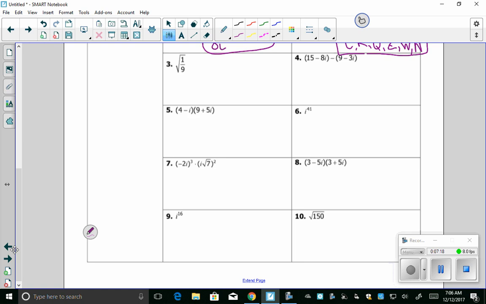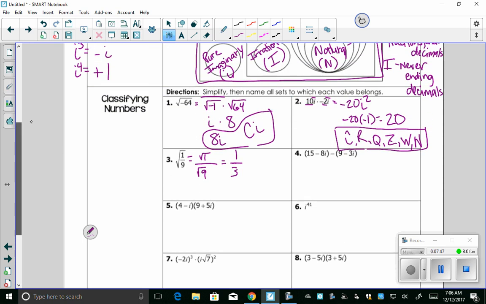So if you look at number 3, you can rewrite it as the square root of 1 over the square root of 9. Well, the square root of 1 is 1, and the square root of 9 is 3. So that is simplified. Now I just have to name all the sets of numbers that it entails.